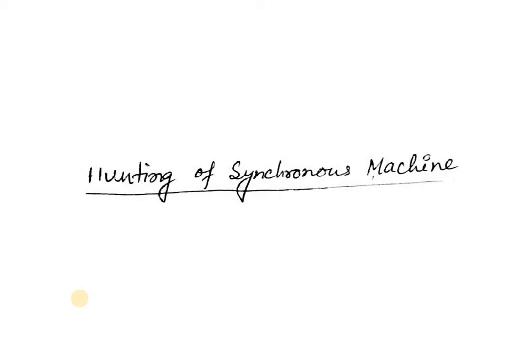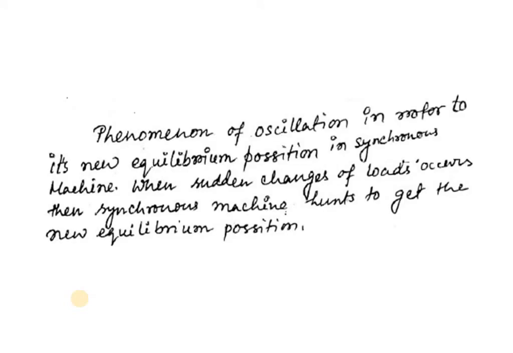It's a very interesting topic. Let us start with the phenomenon of oscillations to reach a new equilibrium position in a synchronous machine. When sudden changes of load occur, then the synchronous machine wants to get a new equilibrium position, and that is known as hunting.